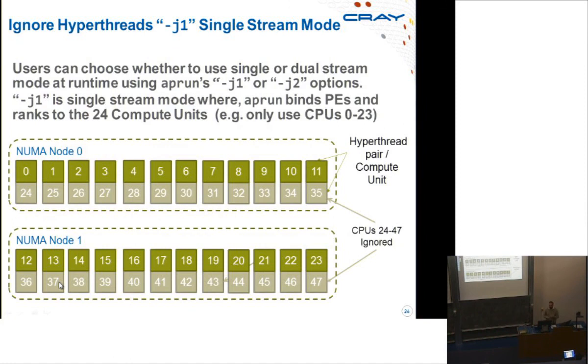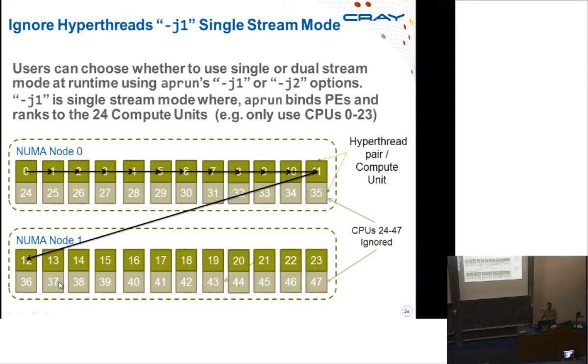So how does this happen? At runtime, you can choose to switch between single and dual mode using the -j notation, -j1, -j2. So -j1 is single stream mode, and aprun binds PEs and ranks to the 24 compute units in order, 0 through to 23.